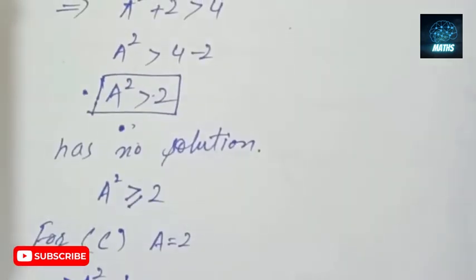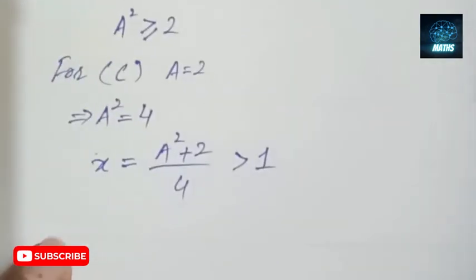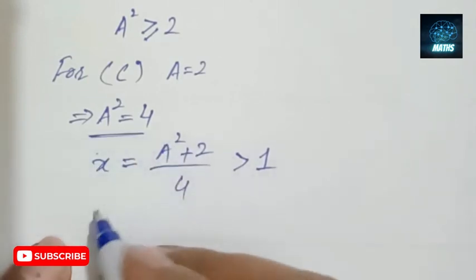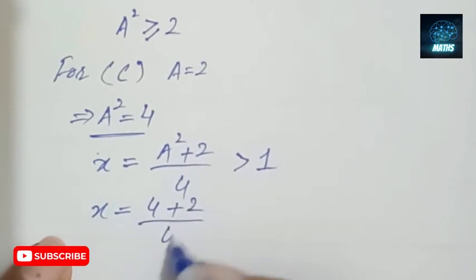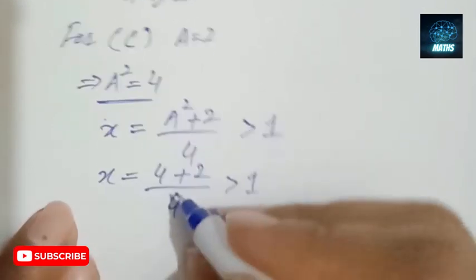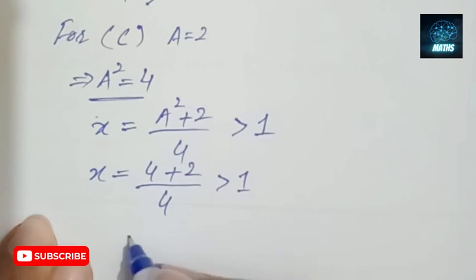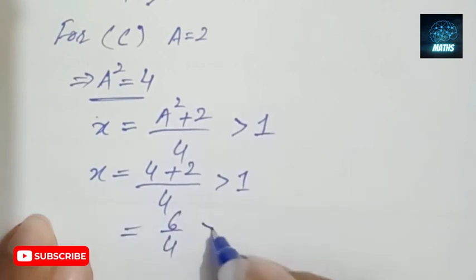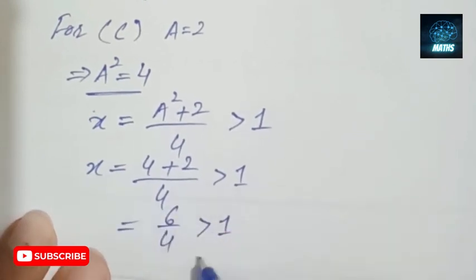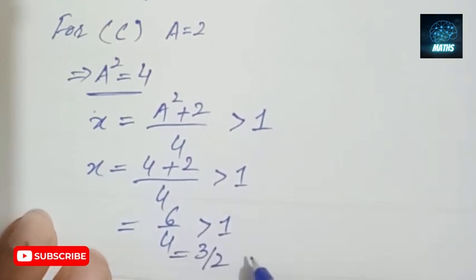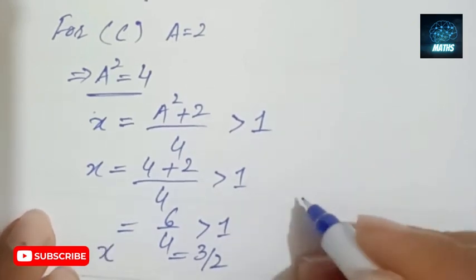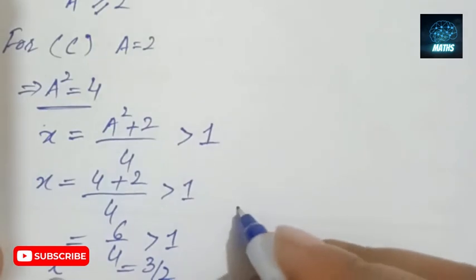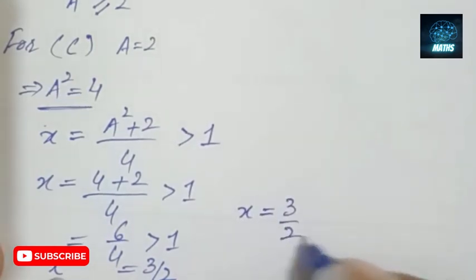So I'm using it for this. A square 4 plus 2 over 4 is equal to 6 by 4. So this is equal to 3 by 2. So there is the only one solution that we get, that x is equal to 3 by 2.